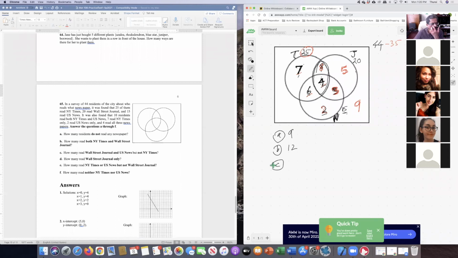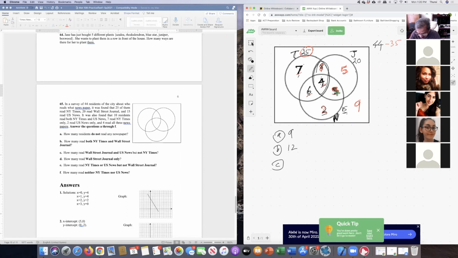Part C is how many read Wall Street Journal and US News, but not New York Times. So Wall Street Journal and US News, that'll be 4 and 3, but it says but not New York Times. Which one?